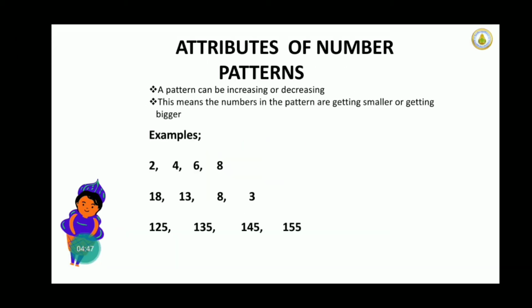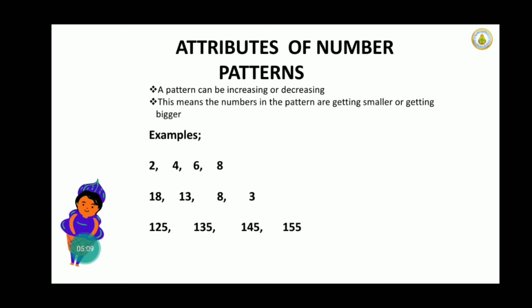Attributes of number patterns. What are they? A pattern can be increasing or decreasing. So you will know if it's add or subtract. You should be able to see if the number pattern is in increasing or decreasing order.